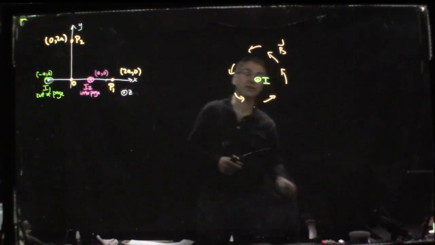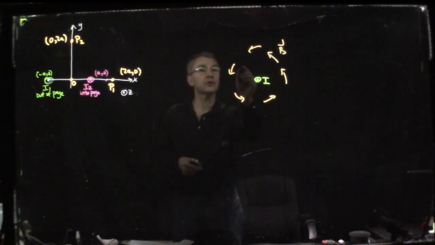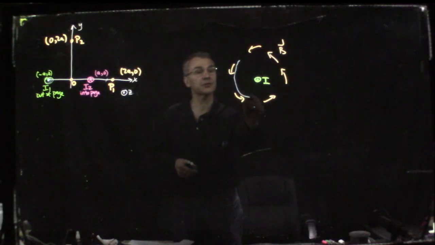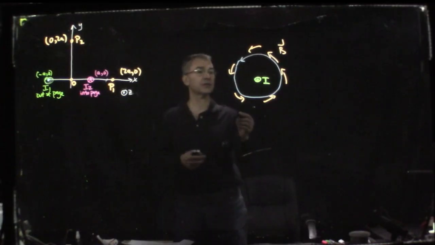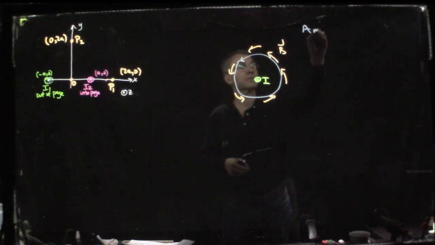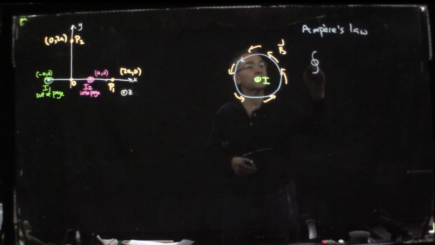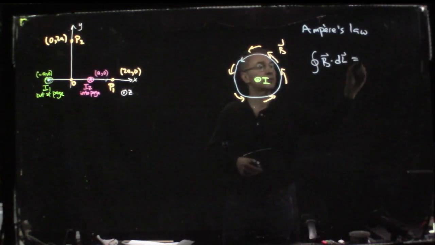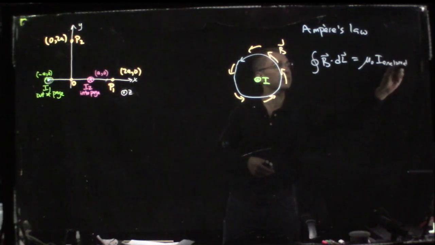So for this infinitely long wire, it's really easy to use Ampere's law with the symmetry. So we're going to choose an integration path that goes counterclockwise like this. So there's my integration path. And so Ampere's law says a closed line integral of B dot dl equals mu naught times the enclosed current.